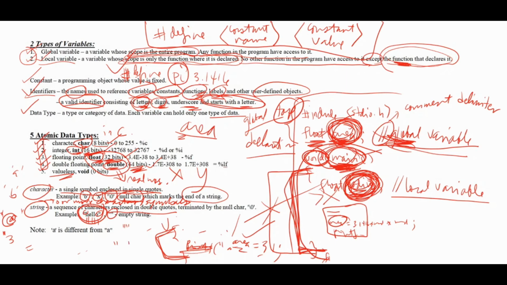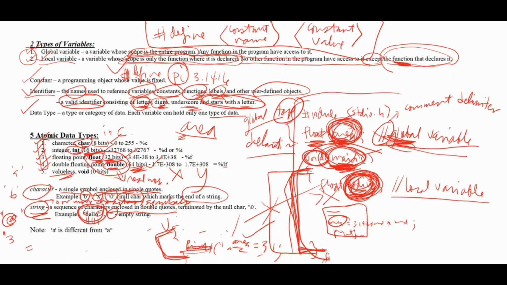This is not an empty string, because there is a symbol, one space, so that is not empty. This is the empty string with no symbol inside the double quotes, while this one is not empty because it has one space. So anything with 0 or more symbols enclosed in double quotes, we call that a string.